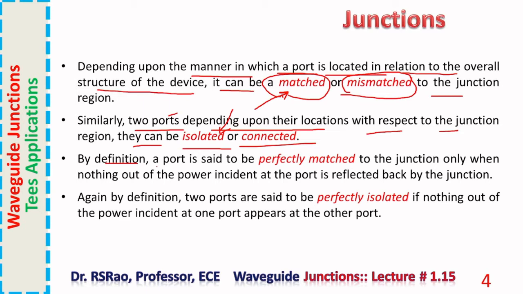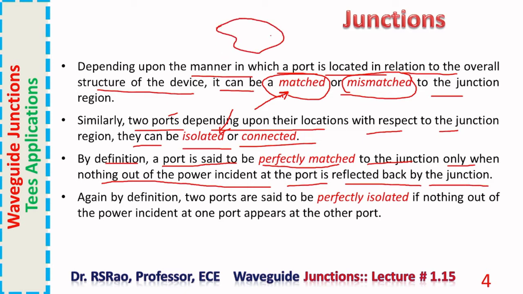By definition, a port is said to be perfectly matched to the junction only when nothing out of the power incident at the port is reflected back by the junction. Let us suppose here is some circuit junction. Let us suppose here is a port.